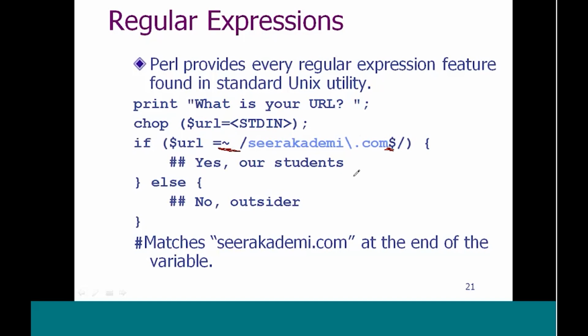So it looks for this particular thing at the end of the variable. Can anyone tell me what is for the beginning of the variable? To match from the beginning of the variable, we use a caret. The caret, on your keyboard, you can look at as the shift 6.